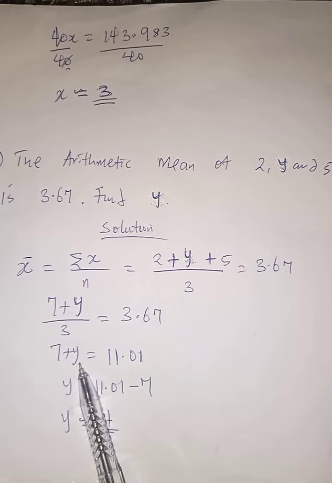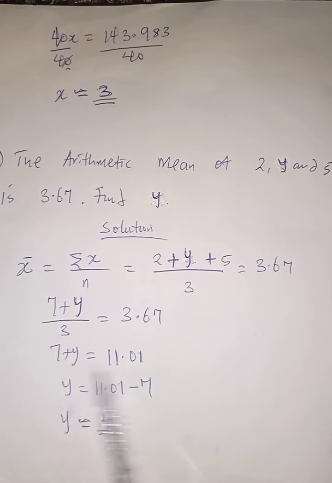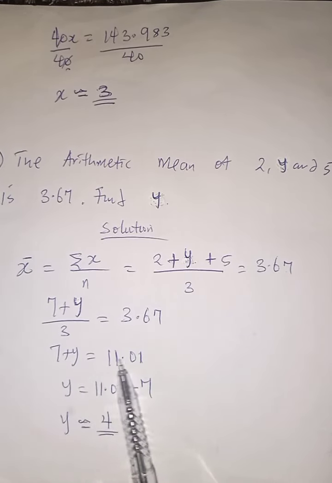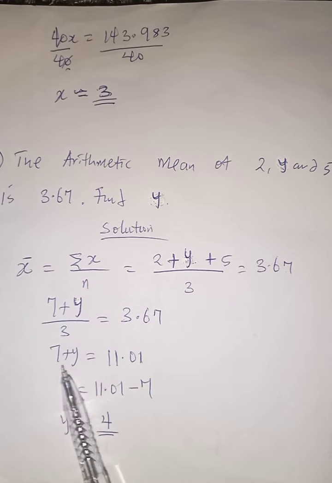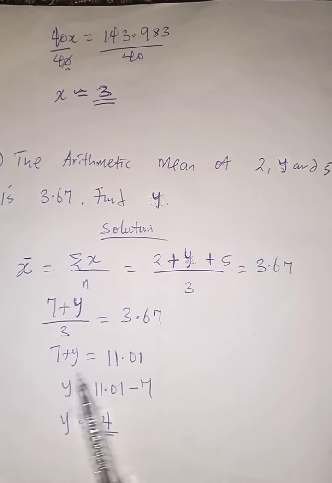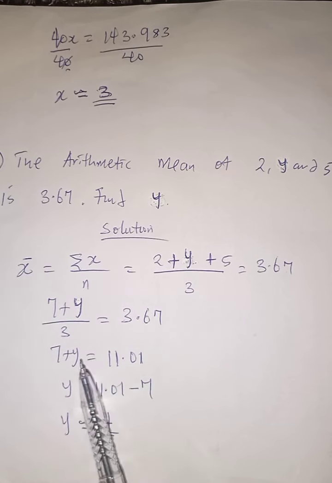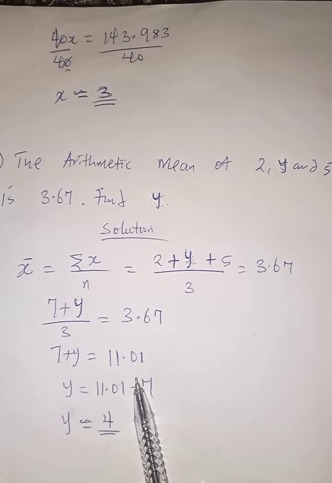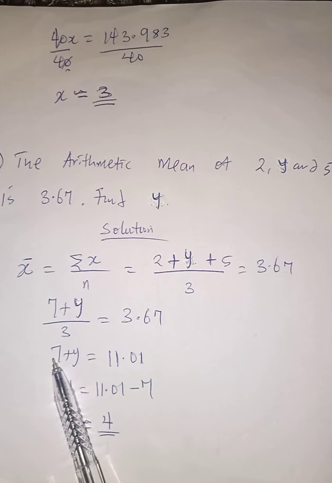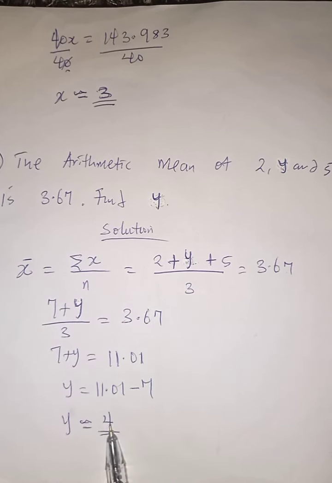Next, collect like terms. Just solve this equation like a simple equation. The 7 will move to the other side. y will now be equal to this minus 7. Because we cross this sign to the other side, we change to minus. So this minus this, we're going to have approximately 4 for your y.